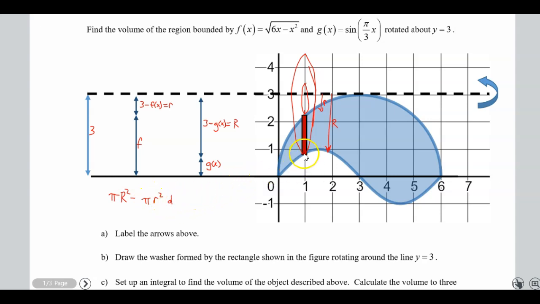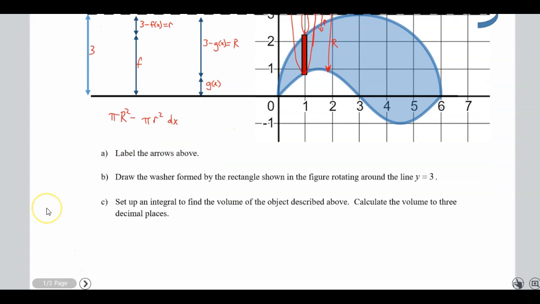In this case, we're using a small left to right movement, so that width is dx. And we'll go ahead and plug in those big R's and little r's right there when we set up our integral. All right, so let's go ahead and write out what we're going to do. So this is going to be integral of pi times big R squared. So we'll get pi, and then the big R, actually big R was g, so let me erase that real quick.